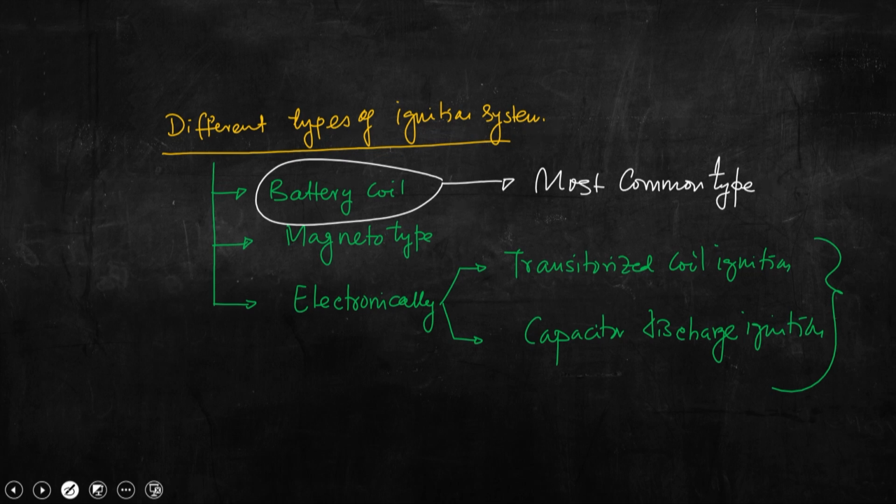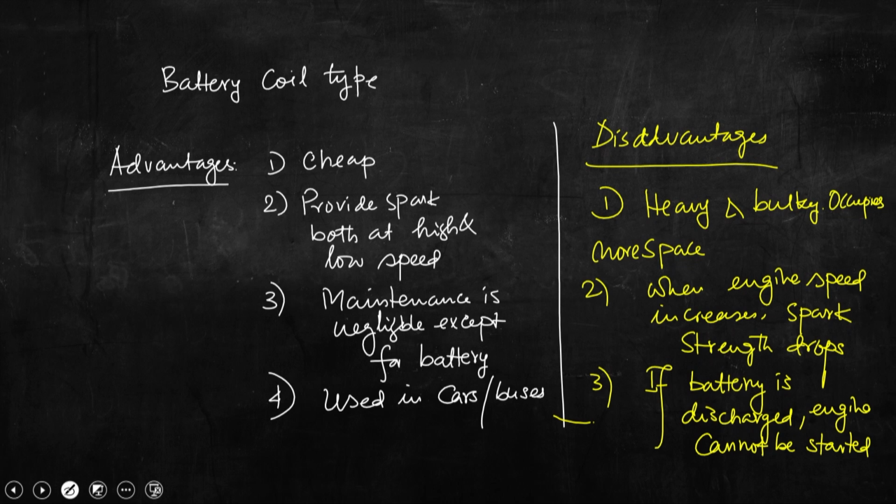I am not going to discuss again the advantages and disadvantages of the magneto type, but certainly you can understand that since we could identify all these drawbacks associated with a battery coil type ignition system, the idea should be to eliminate all these issues using another system, that is the magneto type or another type. So, the magneto type will not have all these issues.